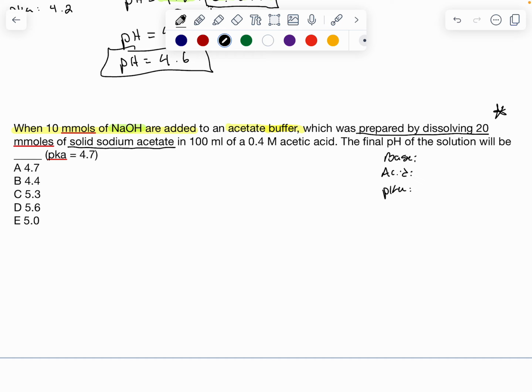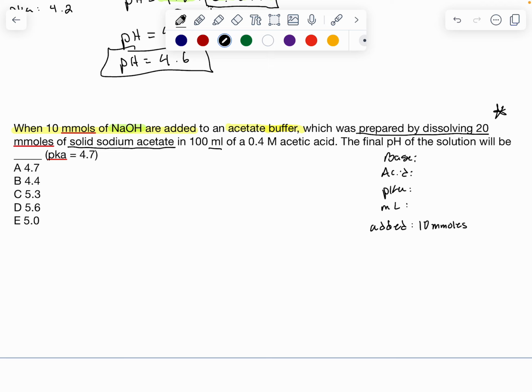So we can see that we have a solution amount in milliliters, so let's put that variable in there. And then what else do we have? We have added. So I always like to put down here added. We know we add 10 millimoles of NaOH to this buffer, so we already know we have 10 millimoles of OH added.